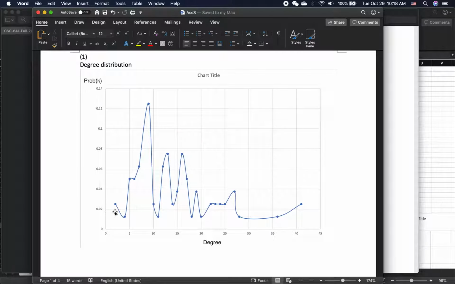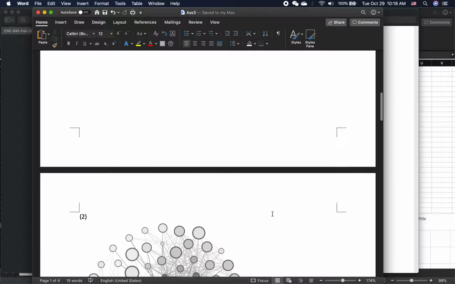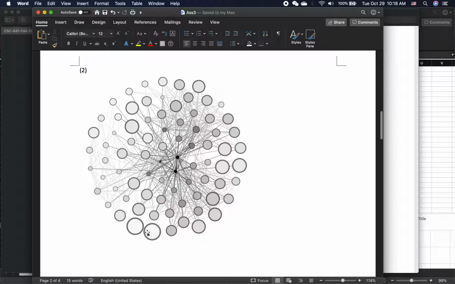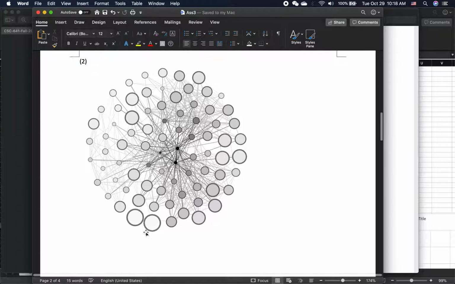They have a low probability. So this is 10. They have a very large amount. So that's why they have a pretty high probability that their neighborhoods are linked to each other.